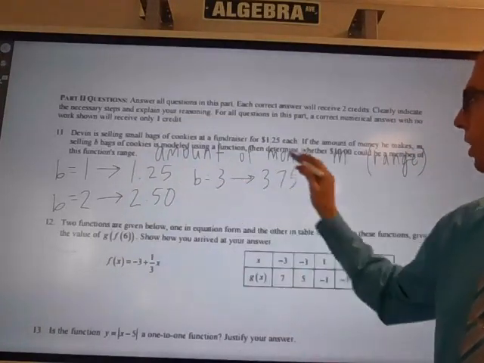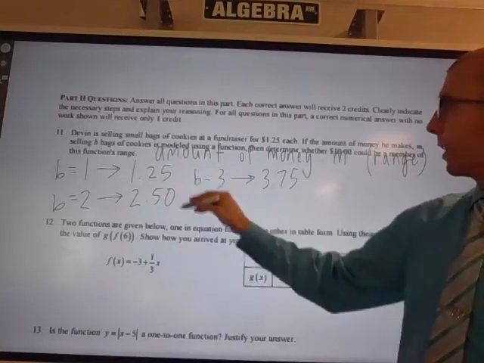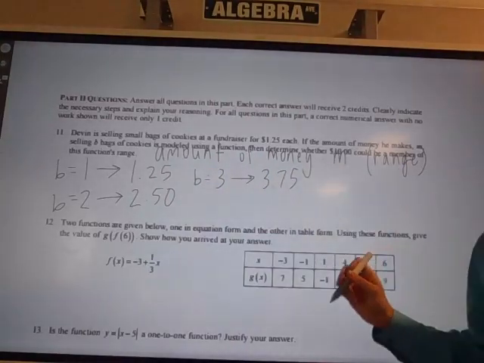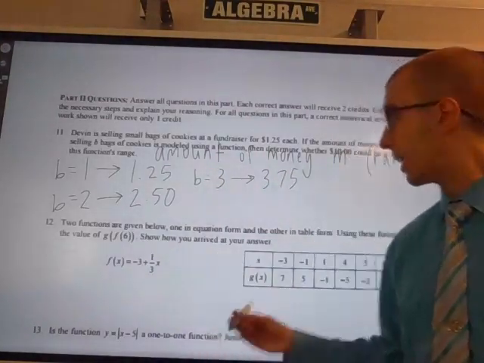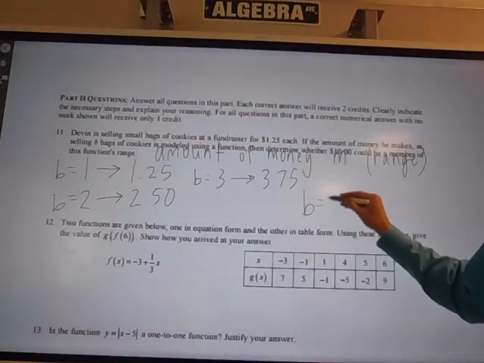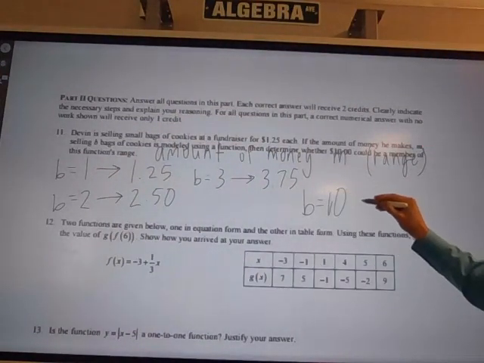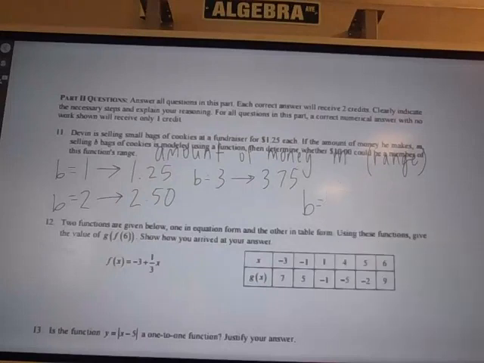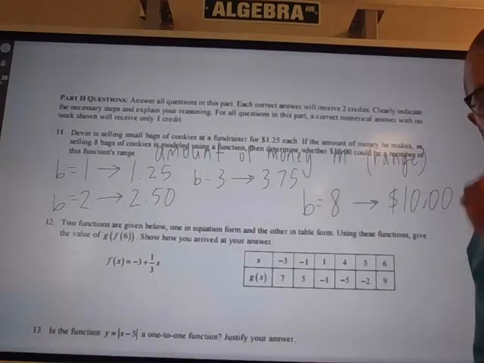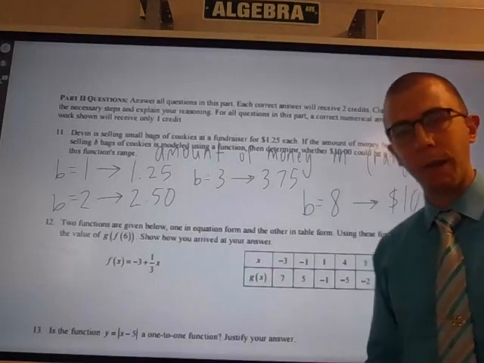It's going up by 125. So will this ever equal 10? And the answer is yes. When B equals 8, that will give an output of $10. So yes, 10 is a member of the range.